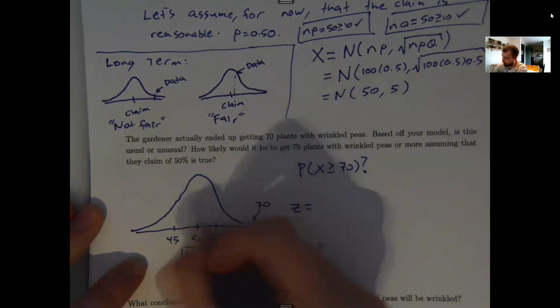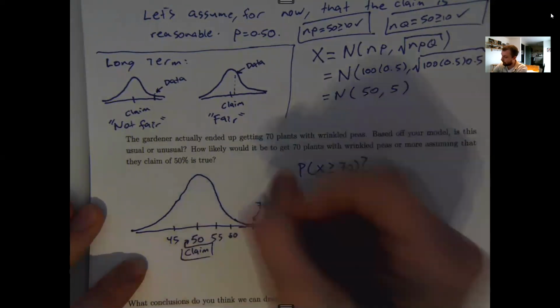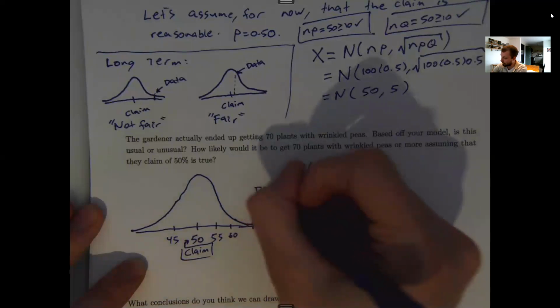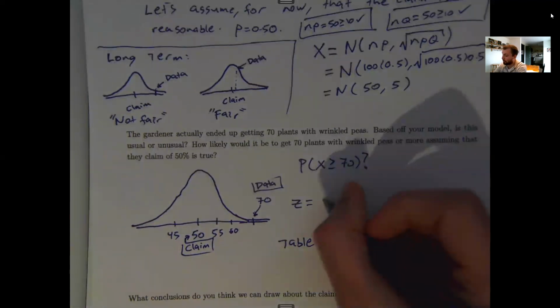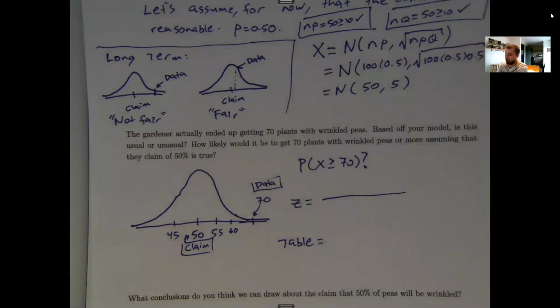It should be close to 50 out of 100. But I'm supposing that I got data way up here at 70 instead. Already I can see a disconnect. This looks like it's probably not a fair situation. Let's find the z-score and the table value just to make sure though.